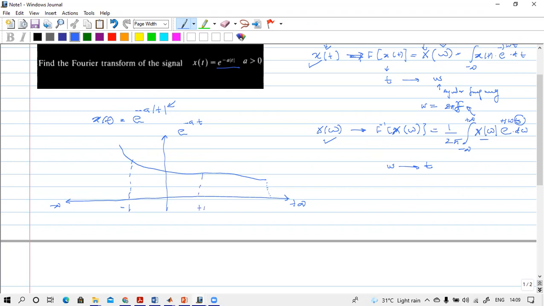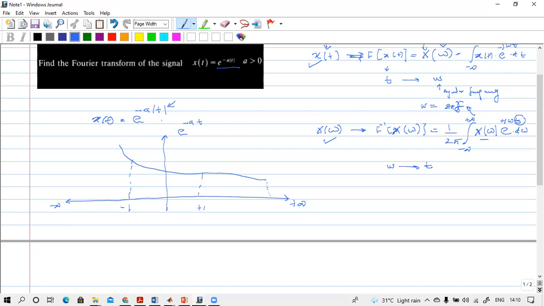Okay, e to the minus a t. Now if you consider this absolute value, for plus t this part is not changing.